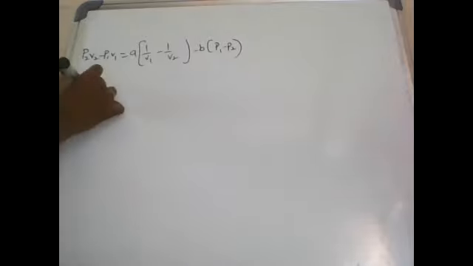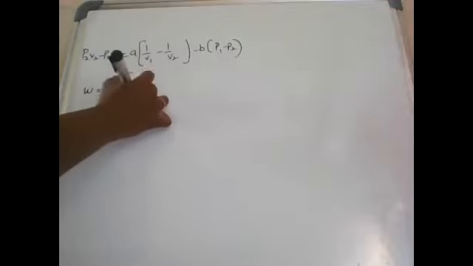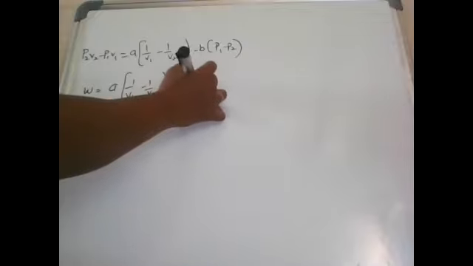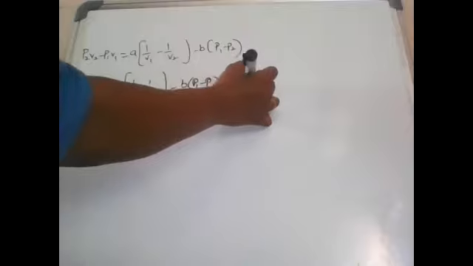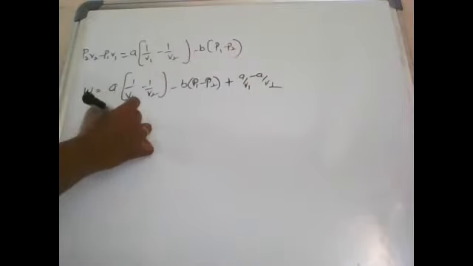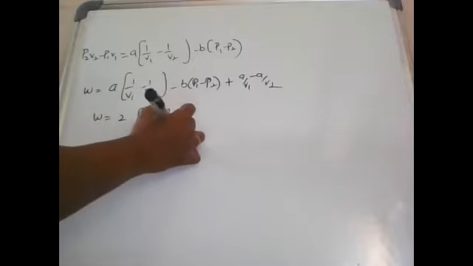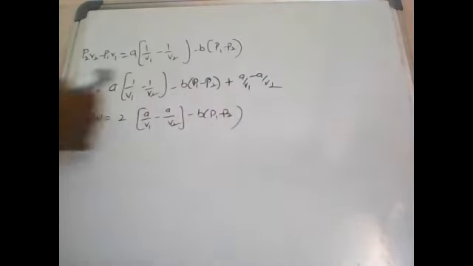Substituting that value, we get W equals A into (1 by V1 minus 1 by V2) minus B into (P1 minus P2) plus A by V1 minus A by V2. So W equals 2 into (A by V1 minus A by V2) minus B into (P1 minus P2).